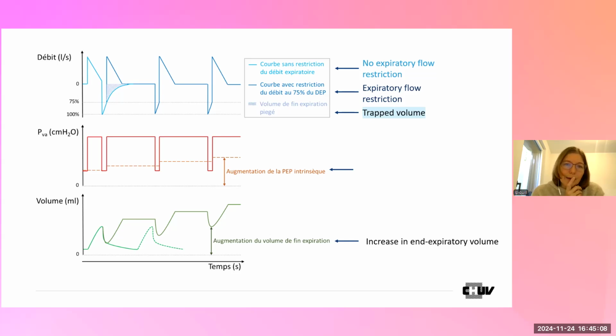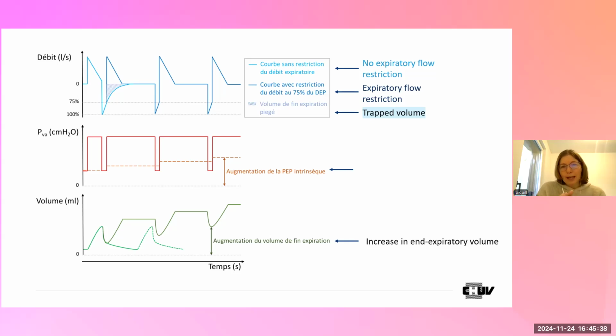You have here the effect of having a very short expiratory time, and you can see that in light blue, we have the situation where there is no flow restriction, because we imagine that the duration of expiration is big enough. And if we shorten it a lot, you can see that we have a limitation of expiratory flow, and for each breath, we have some volume that is trapped in the alveoli.